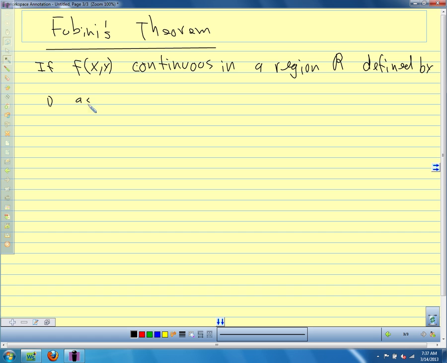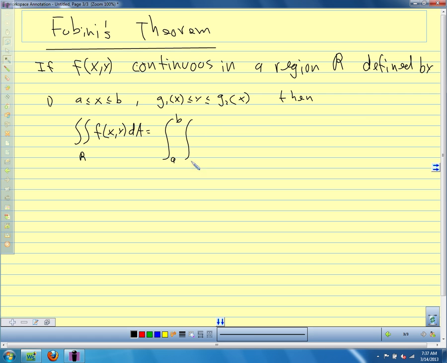So if we have a less than or equal to x less than or equal to b, and g1 of x is less than or equal to y less than or equal to g2 of x, then our double integral of f of x, y dA equals our iterated integral.